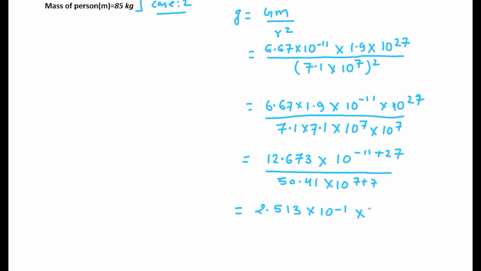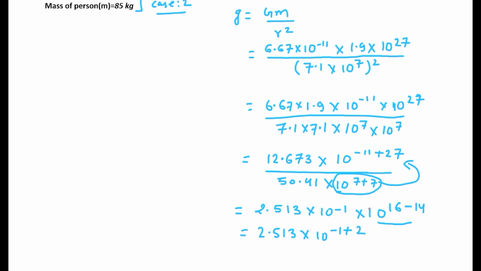Again here we have 27 minus 11, which becomes 16, and 10 to the power 7 plus 7 is 14, so it should be subtracted: 16 minus 14, 10 to the power 2.